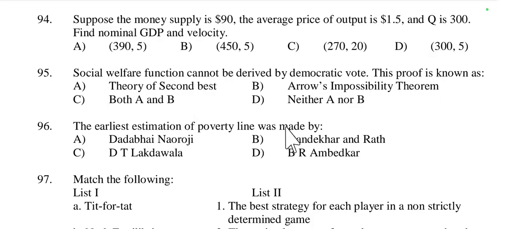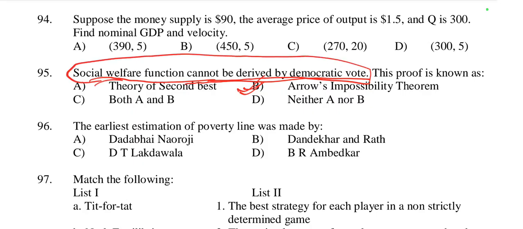This is the statement of Arrow's impossibility theorem. Arrow said that to find social welfare we cannot derive it by democratic vote.